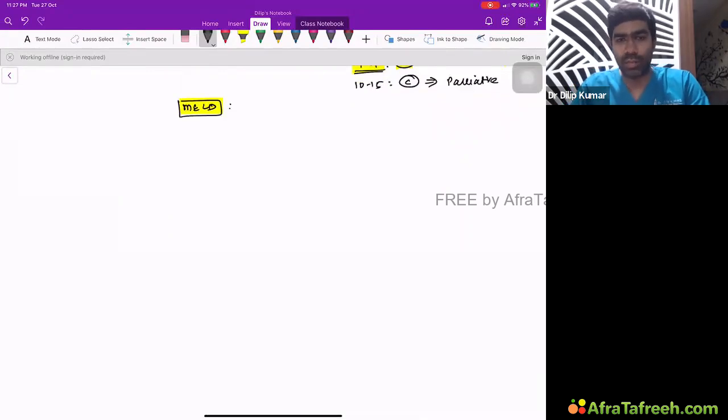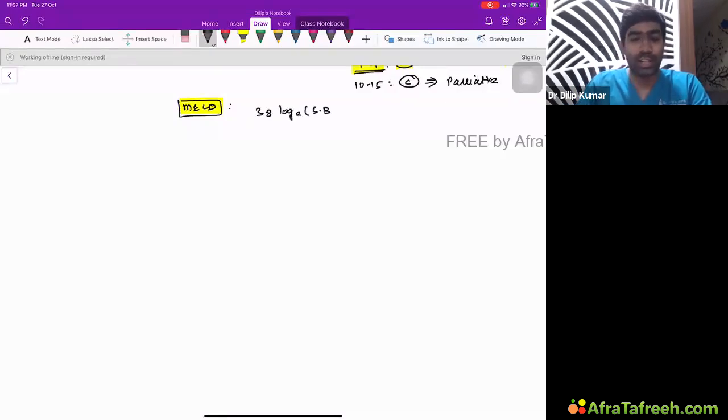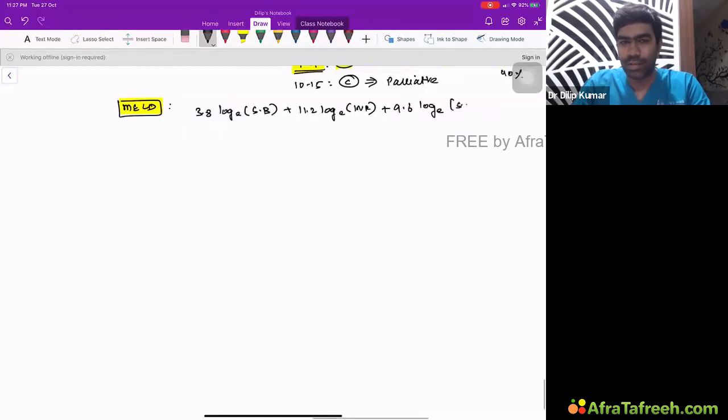There is a formula for MELD, which is a computer calculated formula, so no need to mug this up. It is 3.8 multiplied by the natural logarithm of total serum bilirubin in milligrams per deciliter, plus 11.2 multiplied by the natural logarithm of INR, plus 9.6 multiplied by the natural logarithm of serum creatinine in milligrams per deciliter, plus 6.4. So this is what we call a MELD score.